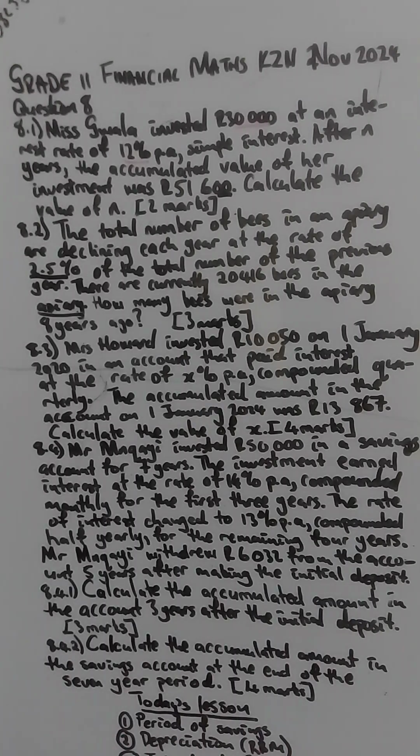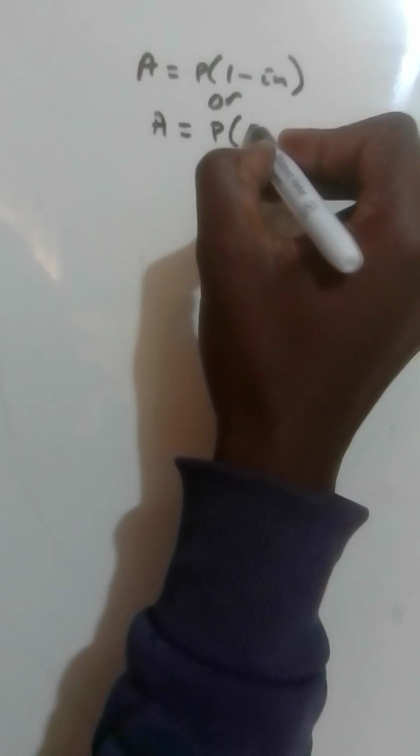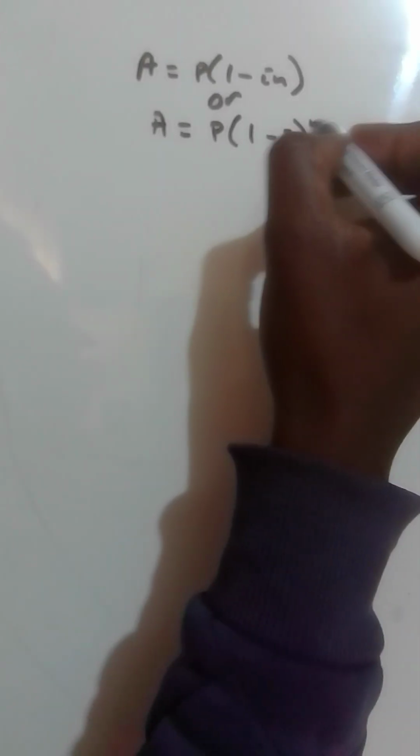So we need to answer the question which method are we going to use in calculating the depreciation. Because remember, we have got 2 different methods, where we say A is equal to P open bracket 1 minus iN, or another one, a different method, which is P open bracket 1 minus i to the power N.